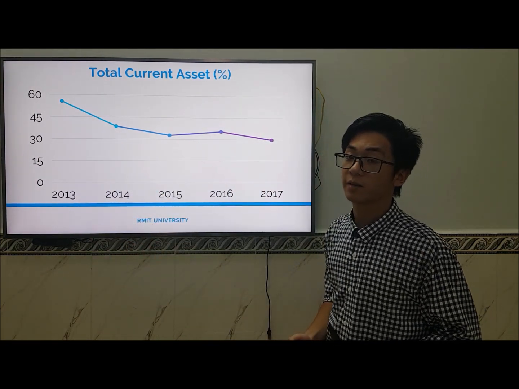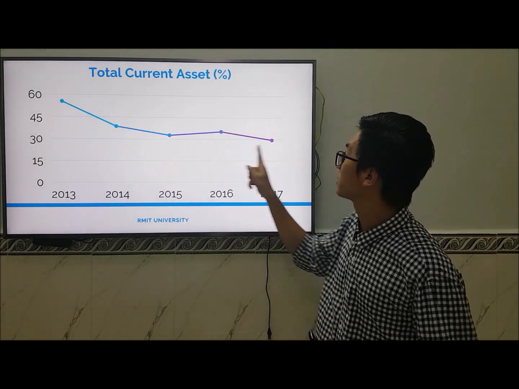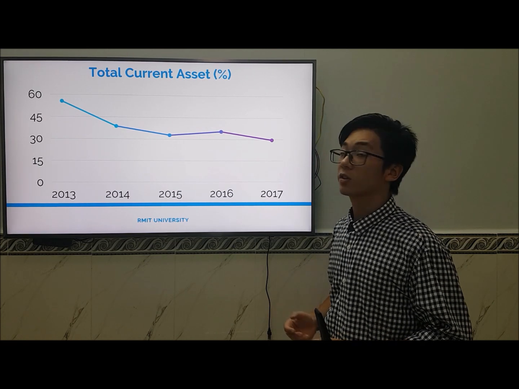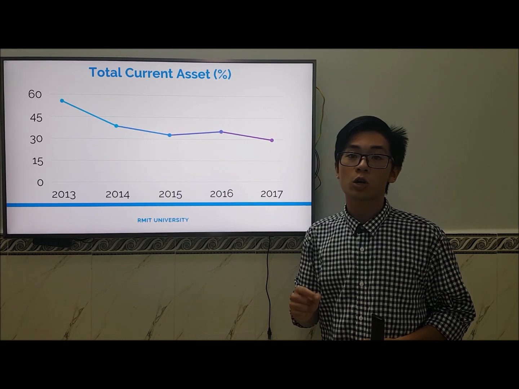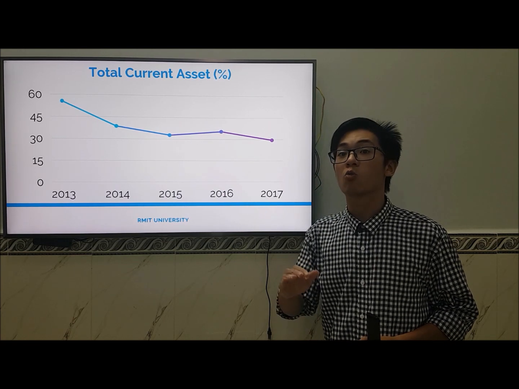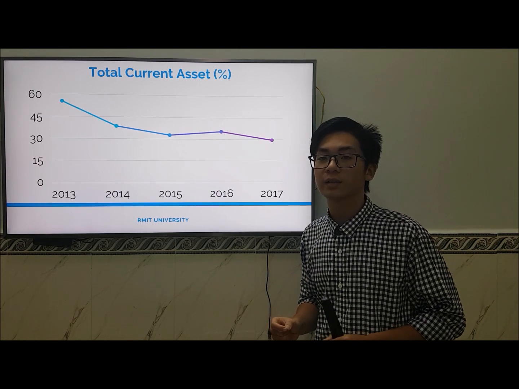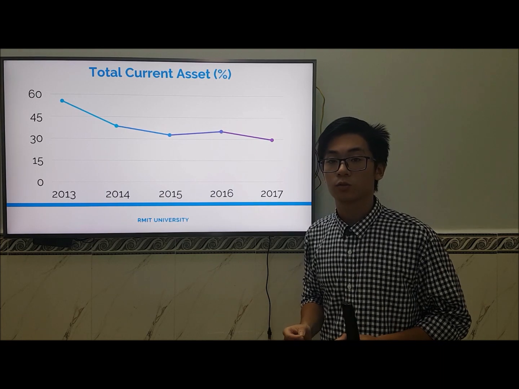Total current assets have been decreasing gradually to approximately 30% in 2017. With the trend moving downwards, it indicates that total current liabilities outweigh total current assets of Apple, which means that Apple is less likely to be able to pay off their obligations.